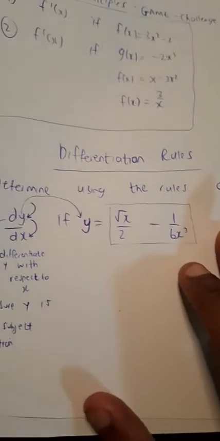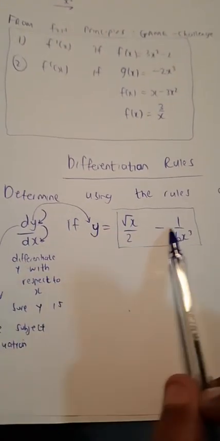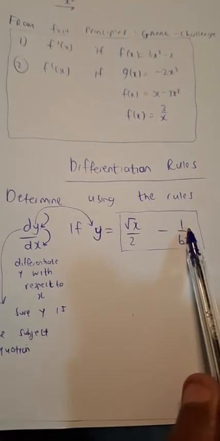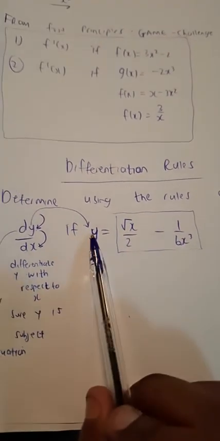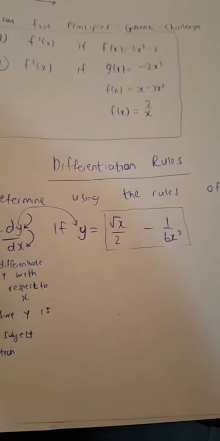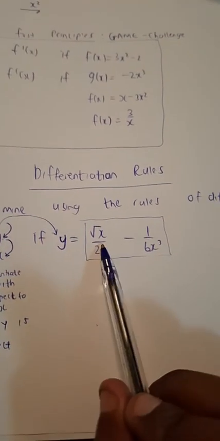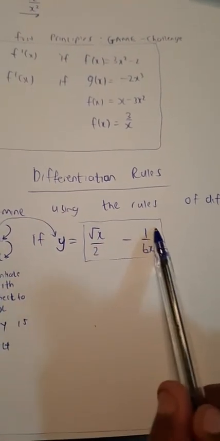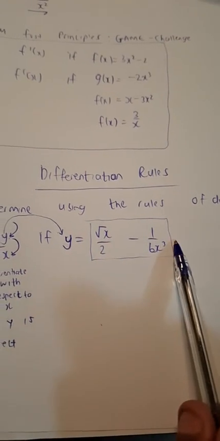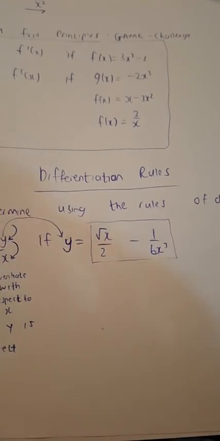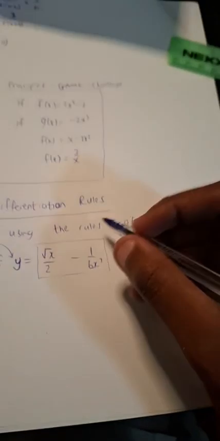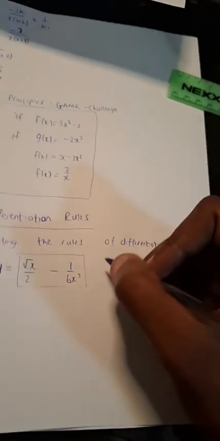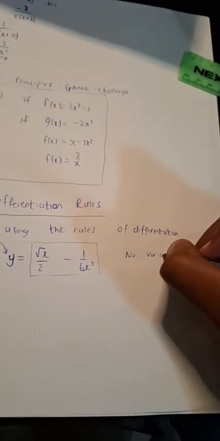Now that y is the subject, the next thing we need to make sure of is that this particular expression does not have any variables of x in the denominator. No variable of x should be in the denominator.